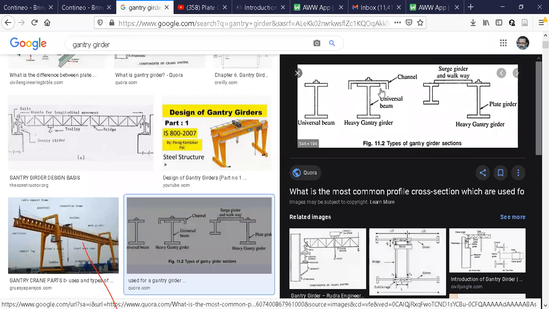That is why we are going to design whatever is the standard profile. Okay. Any questions, anybody? Next is surge girder and walkway. This is different. Heavy gantry girder is still more heavy. So what we are designing here, we are only going to concentrate on this profile where one channel and I sections are used. Okay.